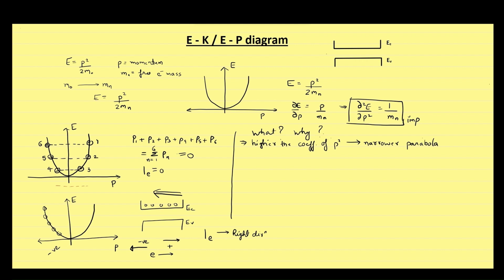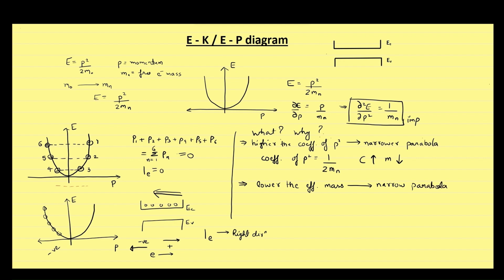From the equation, coefficient of p square can be easily found to be equal to 1 upon 2 mn. It means that coefficient of p square will increase as mn will decrease, as they are indirectly proportional. Summing up all the points, we can say lower the effective mass, narrower the parabola.